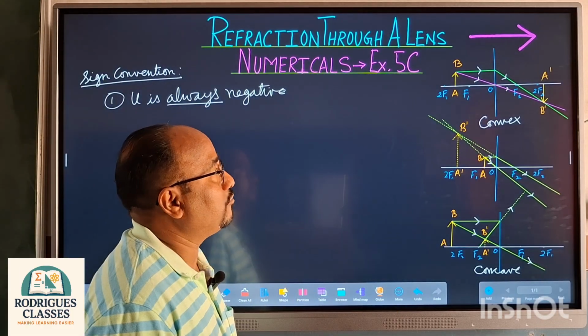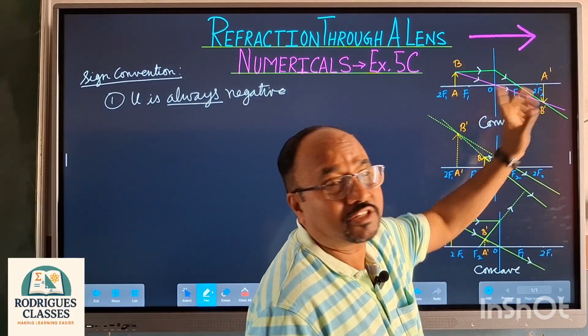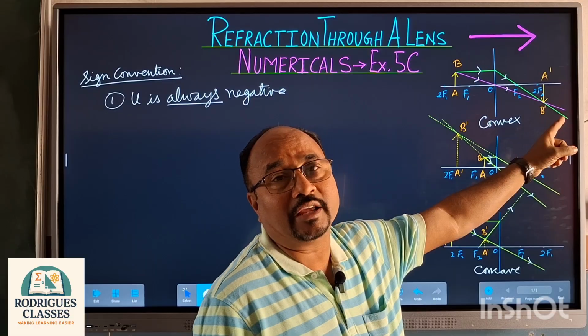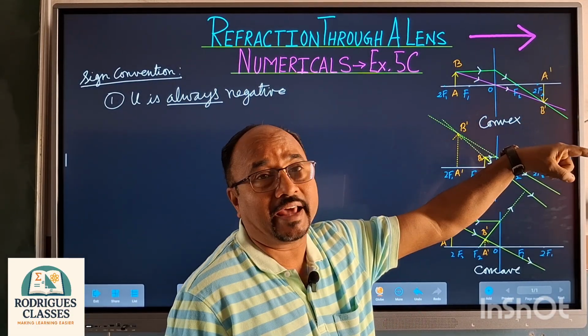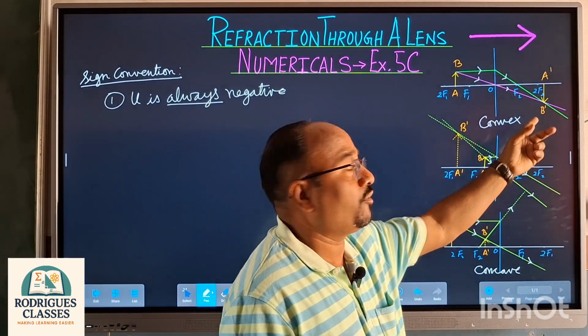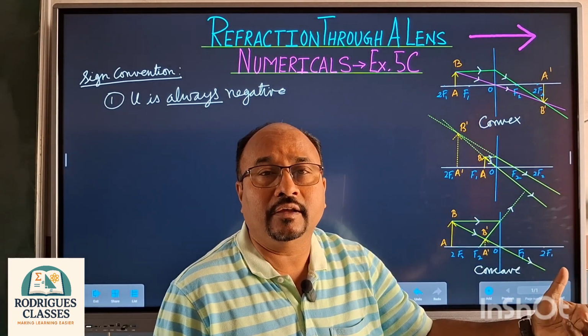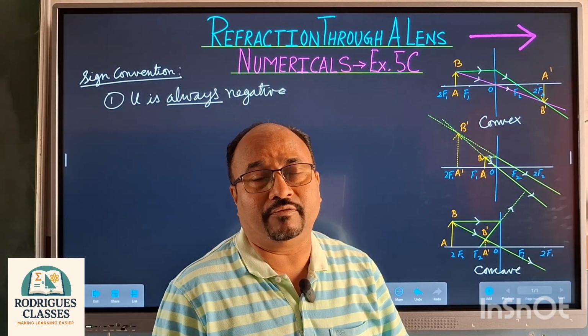Okay, now let us come to the image distance. Here we have a real image formed. So to measure the image distance, I have to go from O to A dash. It means going in that direction, which matches the arrow direction. What type of image do you have here? Real. And what are we getting going in that same direction? Positive.